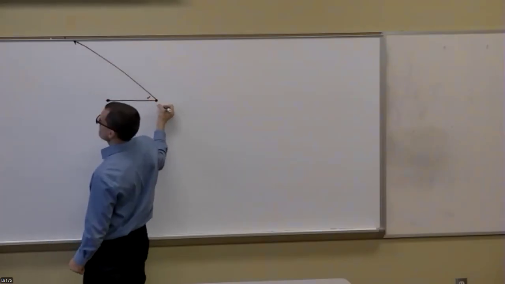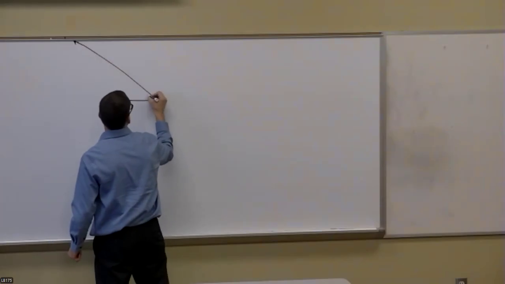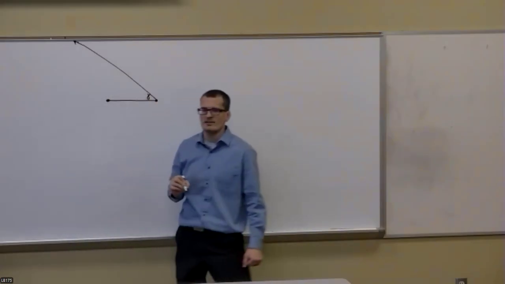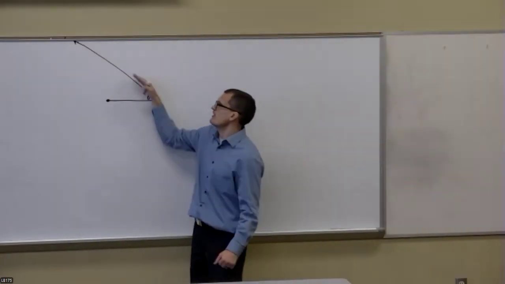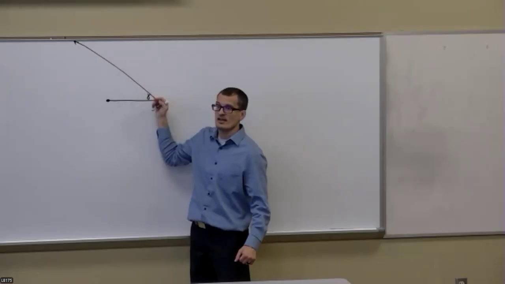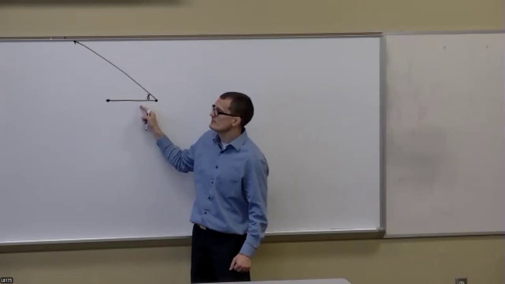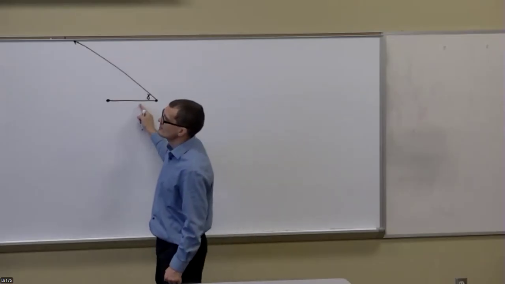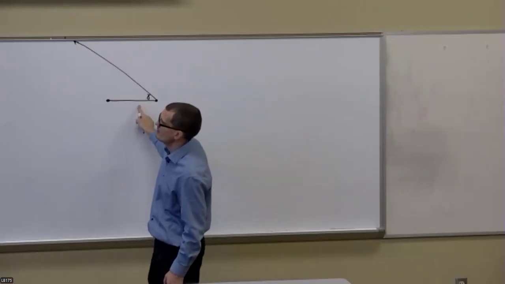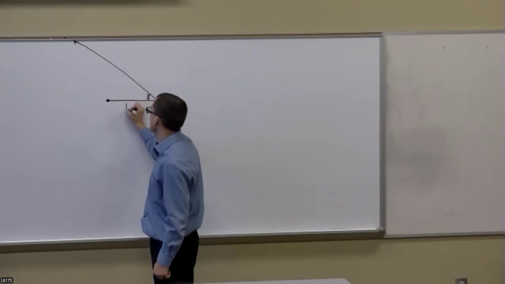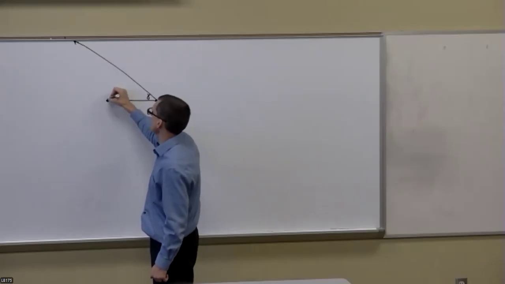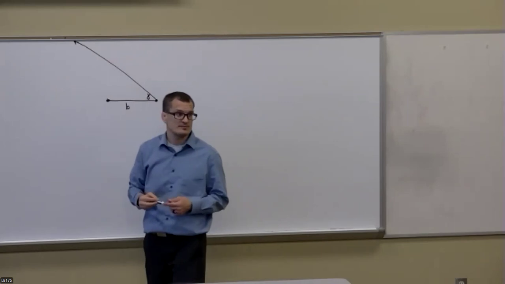Which angle was I given? I was given gamma. So I'm given an angle, but I don't know the length of this side. I do know the length of this side. Which one was I given? B. So B. And I do know the length of C.